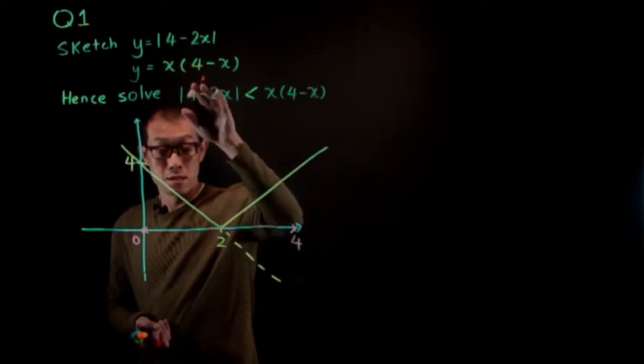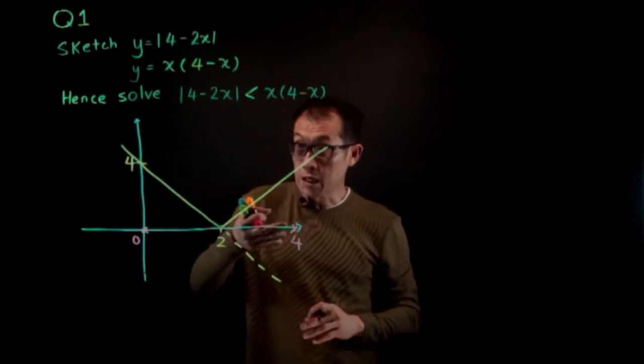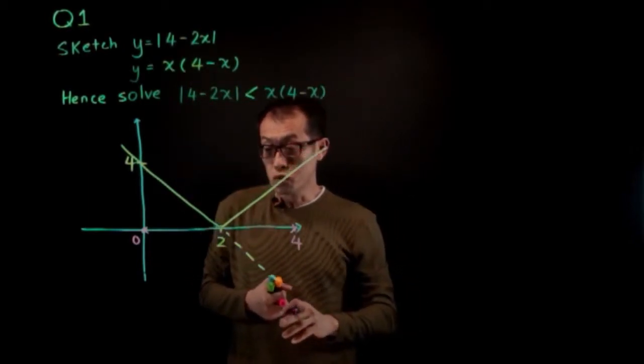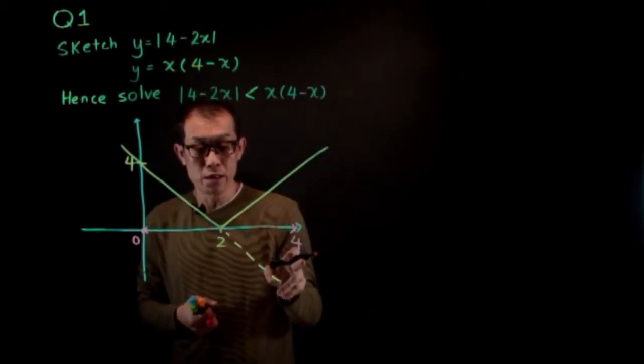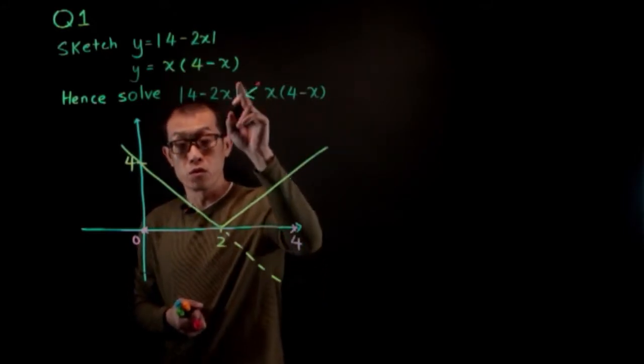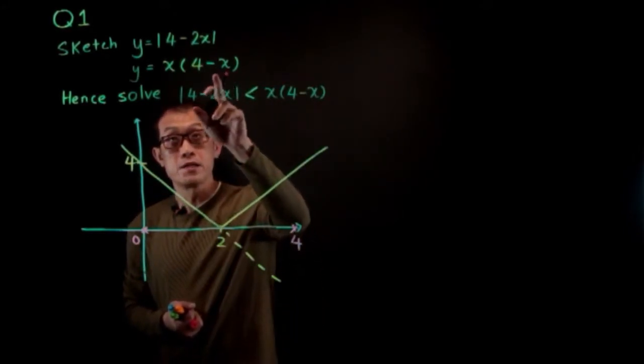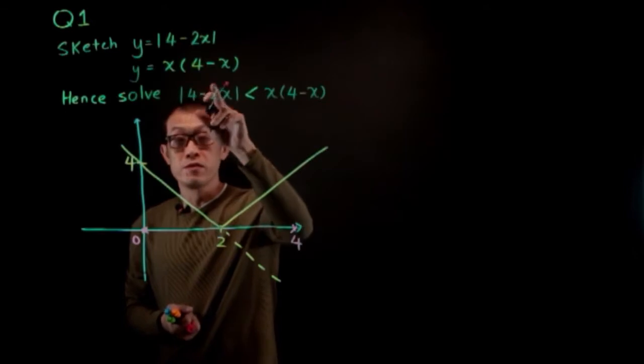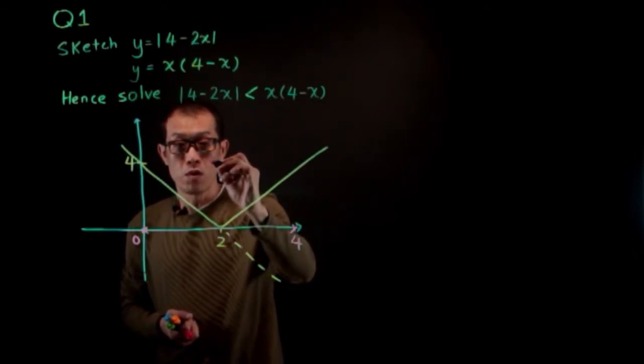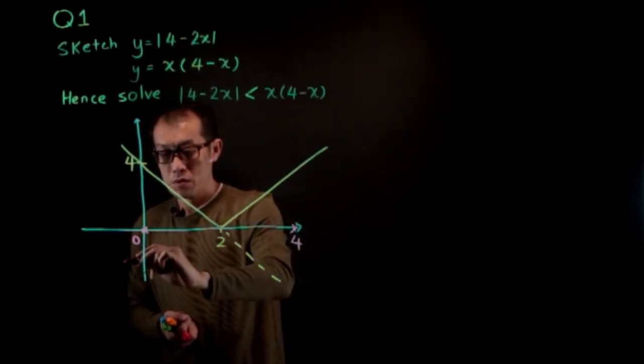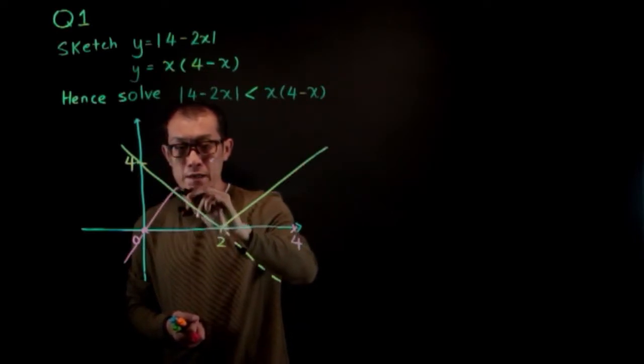It has the turning point at x equals to 2, because 2 is between the two roots of the quadratic graph. When x is 2, you find that y is 4. So your graph will look something like that.